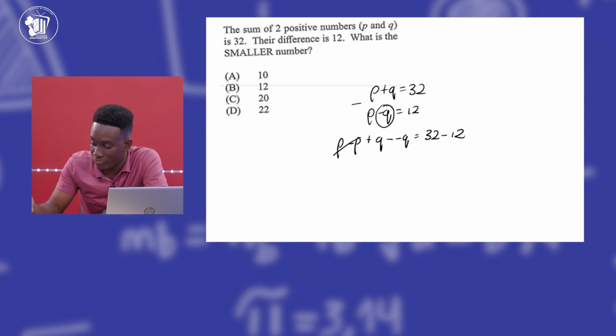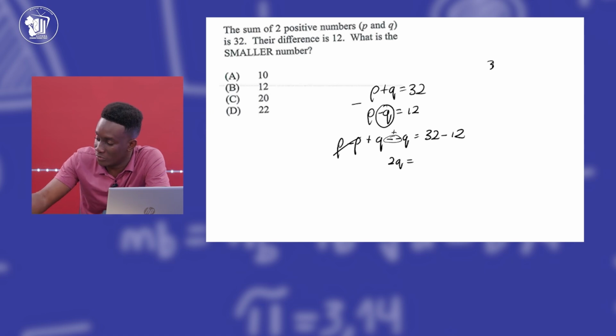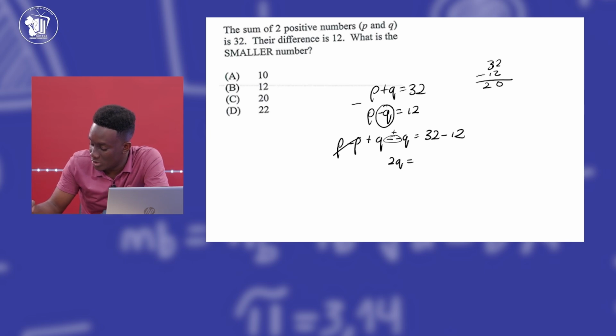So P subtract P would be 0, that will cancel out, and Q subtract negative Q, the two negatives will turn into a positive, so Q plus Q would be 2Q is equal to 32 minus 12. So 32 minus 12 would simply give me 20.